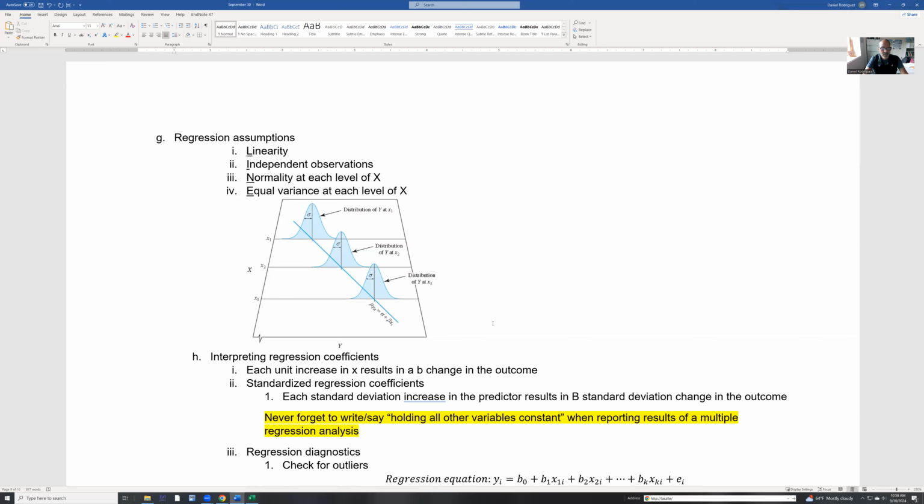Regression assumptions. First of all, we assume that the relation is linear. You can have curvilinear relations in regression, but then you have to do a little extra modeling. Say if I believe that the effect of cigarette smoking on lung cancer cases per capita was not linear, and it looks something like an inverted U, an upside down U. So it's like an increase followed by a decrease.